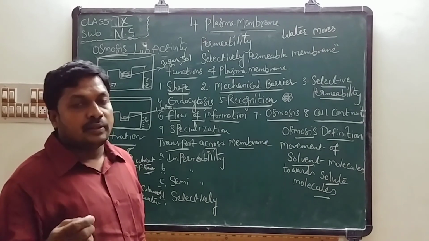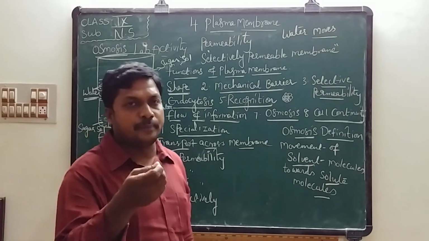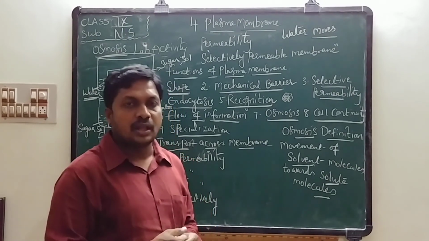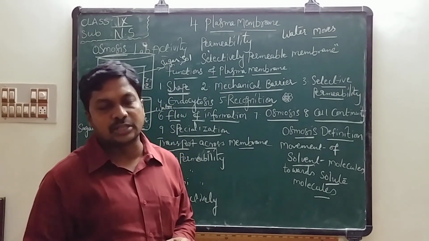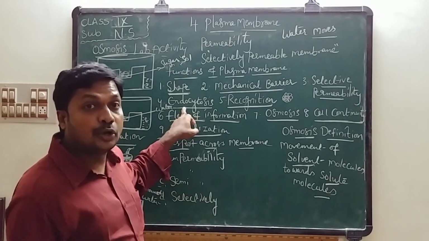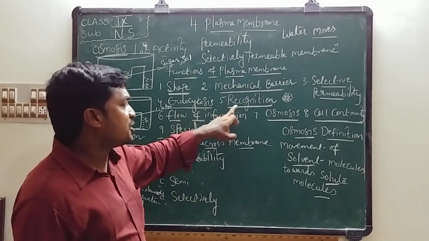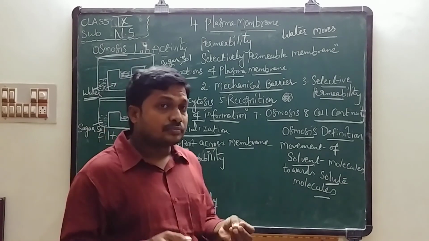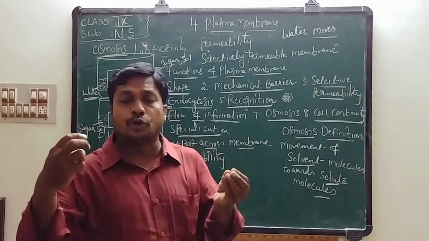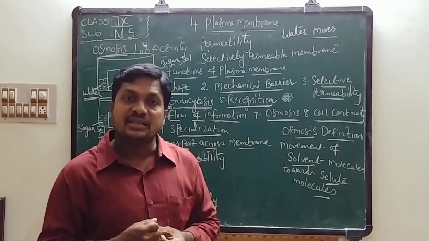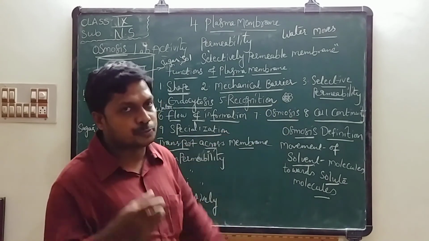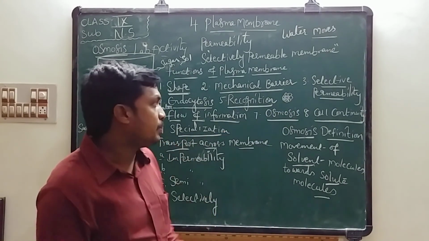Endocytosis: plasma membrane has special regions to absorb wanted materials. Amoeba, a unicellular organism, also takes food in the process of endocytosis. Recognition: special regions in the plasma membrane help to recognize other cells to form groups of cells known as tissues.